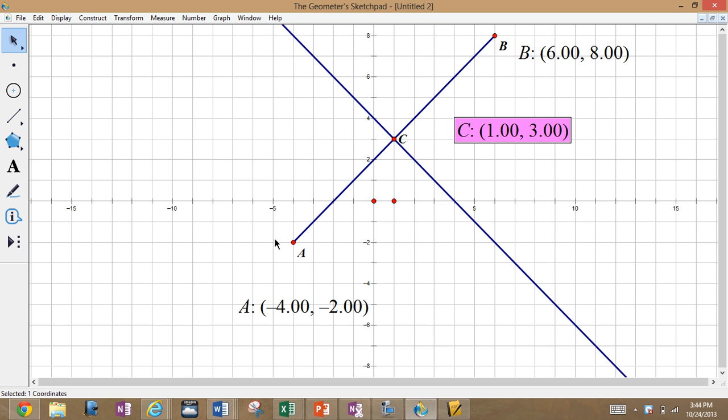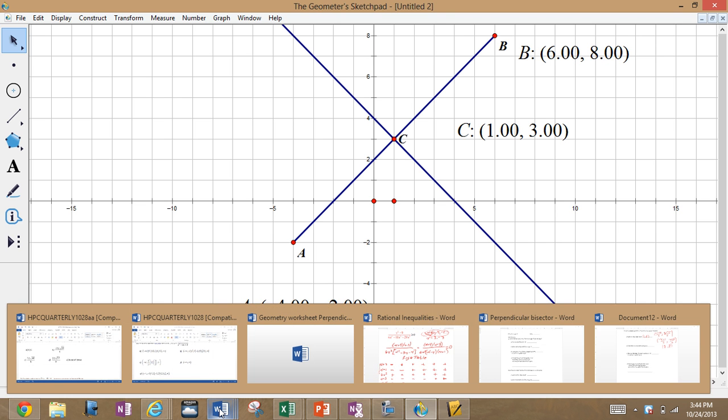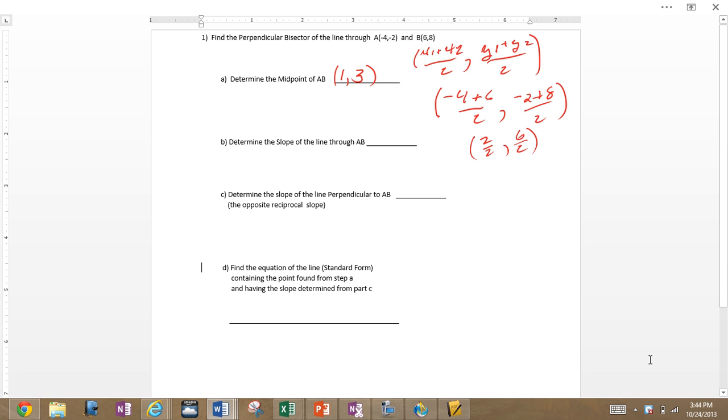Now, of course, we need to compute the slope of AB. So let me come back to our problem at hand, computing the slope. The slope is y1 minus y2 over x1 minus x2.